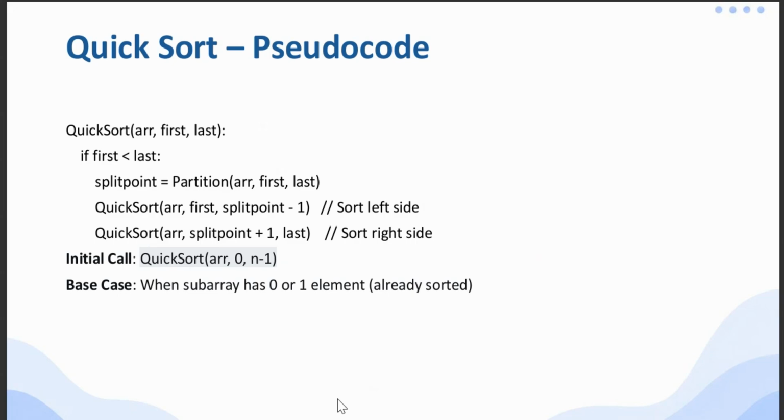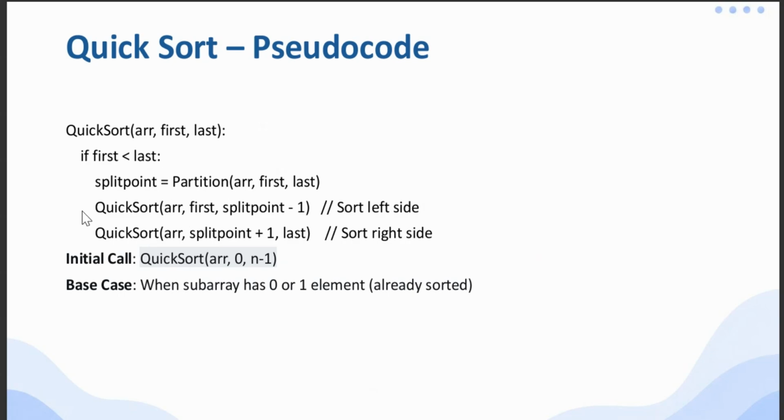Now let's discuss the quicksort algorithm. It's like this. Here you have quicksort with array, first and last. We are given the first and last element. If the first element is less than the last, we partition the array, right?